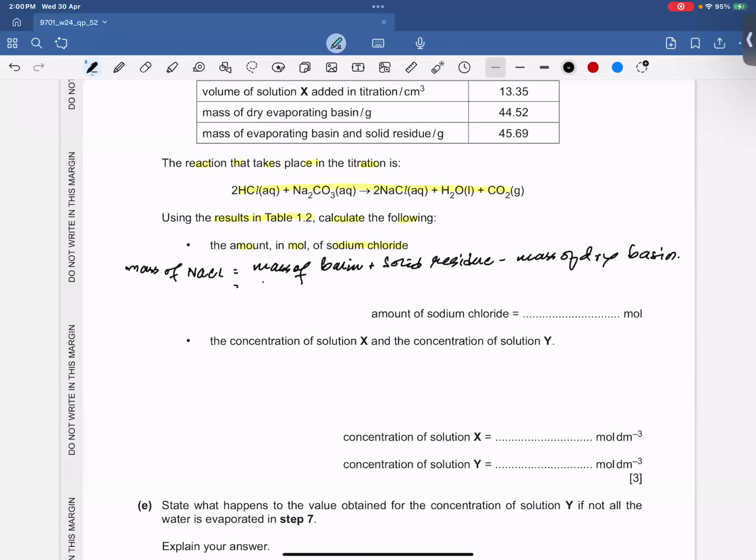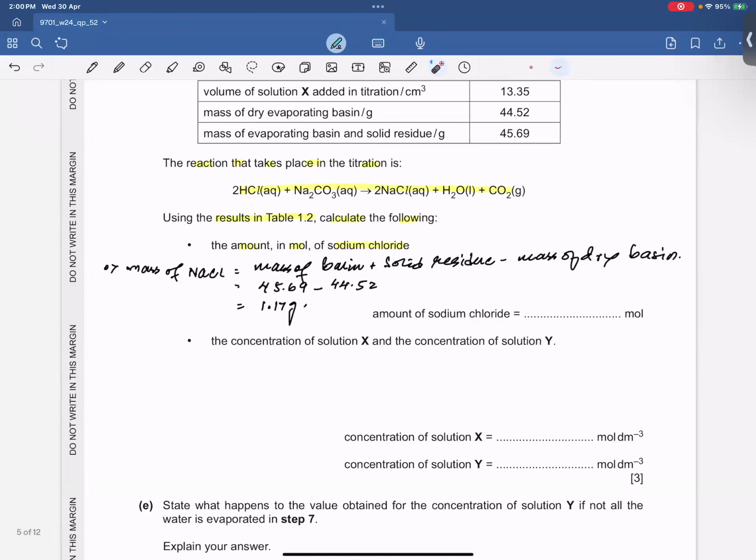So technically it is 45.69 minus 44.52. So I'll get how much? 1.17 gram. This is the first step.